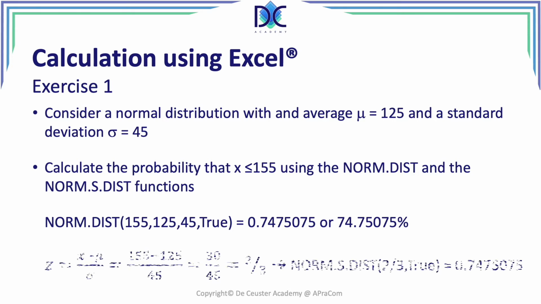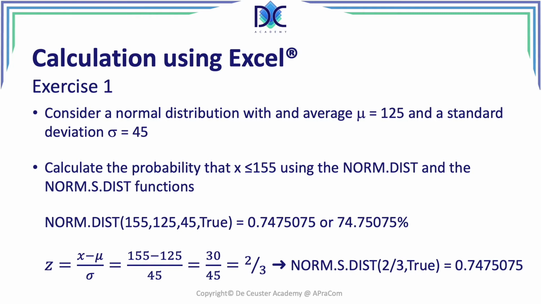First, we calculate the z value. So we have x minus mu divided by sigma. So we have 155 minus 125 divided by 45, which is equal to 30 divided by 45, or 2/3. When we use this, it's better to use the fractional expression, 2/3, or just calculate z in one field and use that field as an input for the NORM.S.DIST function.